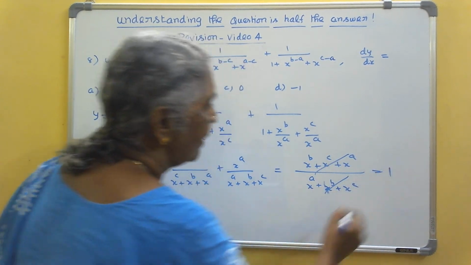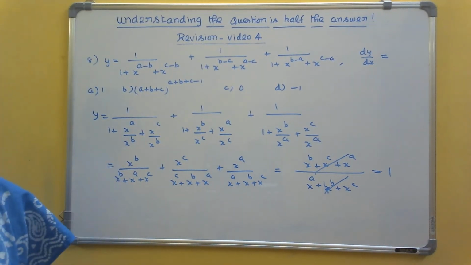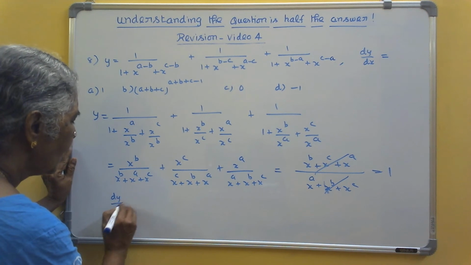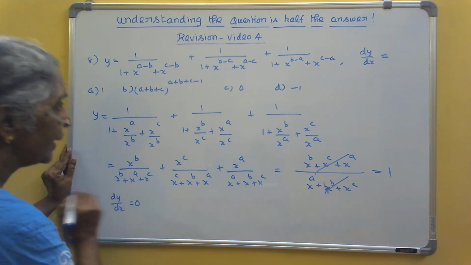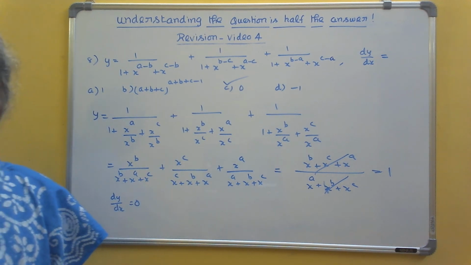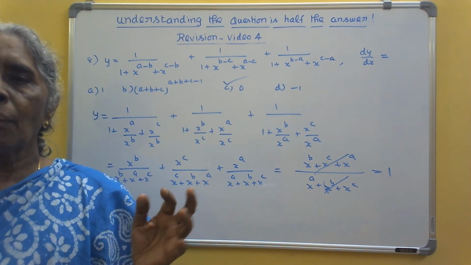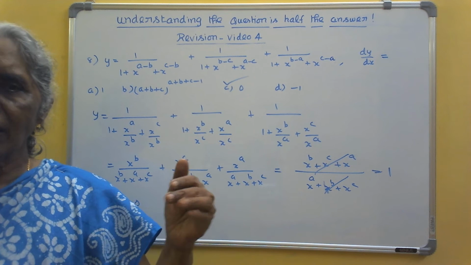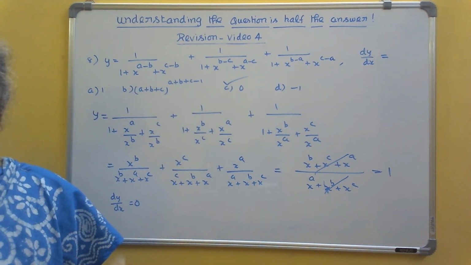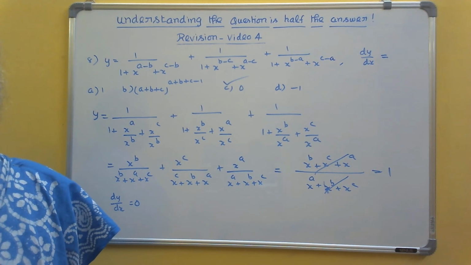They will cancel, and your y is nothing but 1. So what is your dy by dx now? That is equal to 0. So that is your option C. Sometimes the sum may look a bit complicated, but really when you work it out, that becomes very simple. So 0 is the correct option here.